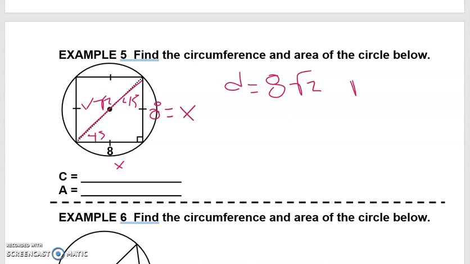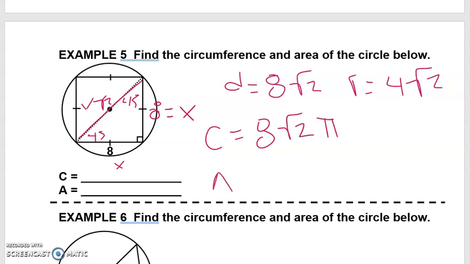Find the radius, divide that by 2. Remember, you're just dividing the whole number, not the root. So it's going to be 4 root of 2. So your circumference is diameter times pi. And your area is pi r squared.